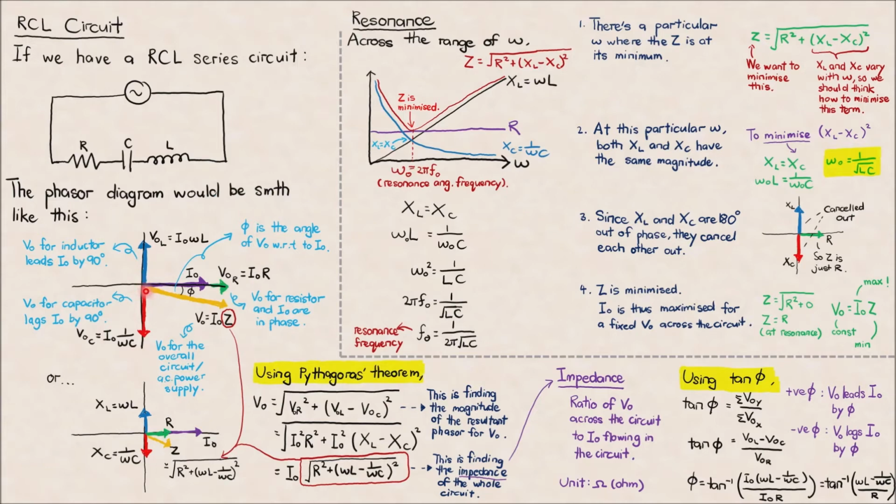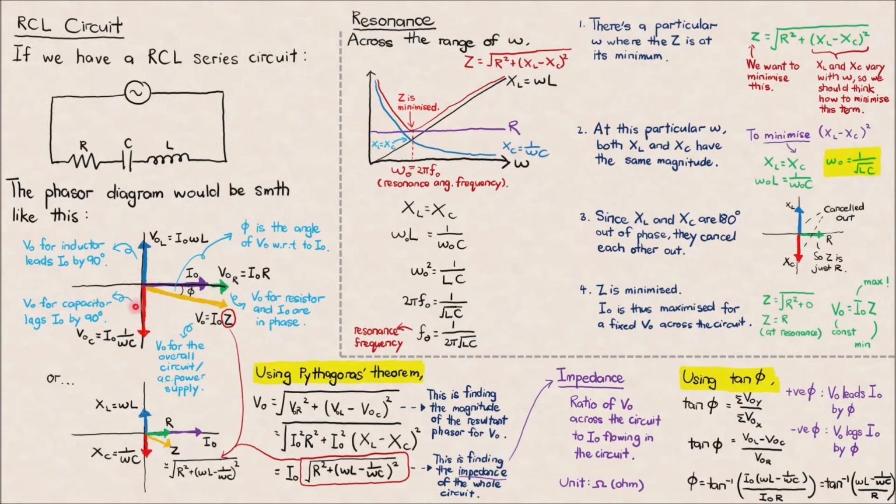In this case, we can make slightly more deduction and say that the peak voltage for the capacitor is actually larger than the peak voltage for the inductor. So you have a longer red arrow compared to the blue arrow. If you add up these two vectors which are in opposite directions, you end up with a vector pointing downwards.